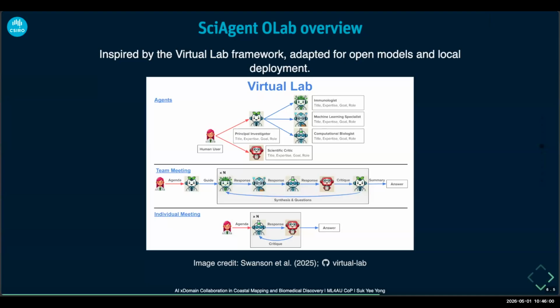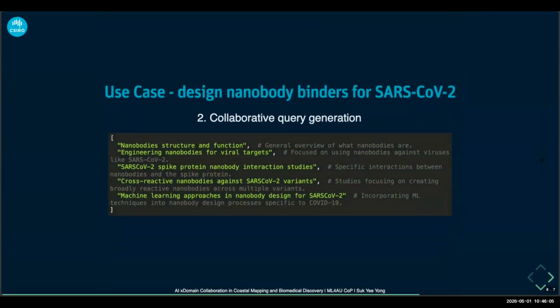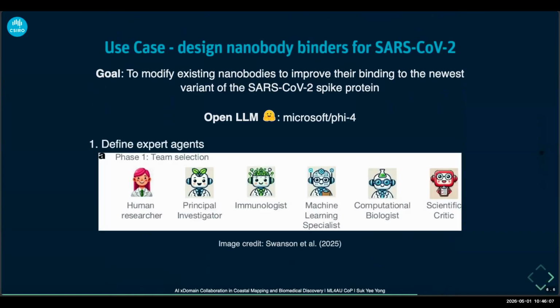And also, all these steps that have been mentioned, you could essentially inject by yourself, and that's why it's called a human AI agent collaboration.